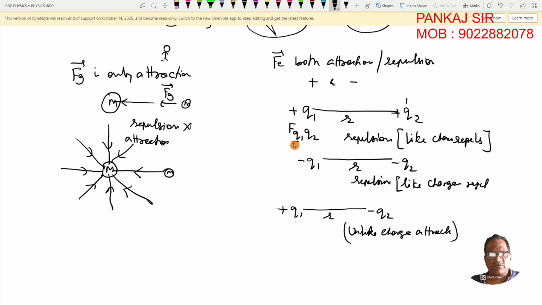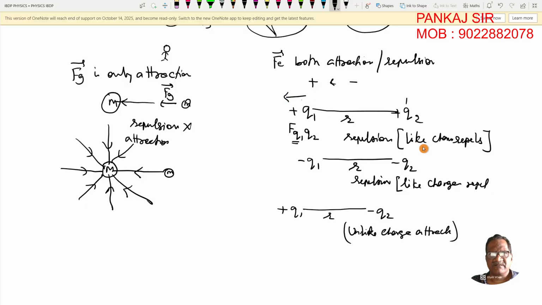So q1 you have to write first, and the cause, which charge is causing this particular repulsion, that you are going to write second. So as F q1 q2, the meaning of this is the force acting on q1 due to q2 will be in this direction. There is repulsion, so this will go in this direction, right?